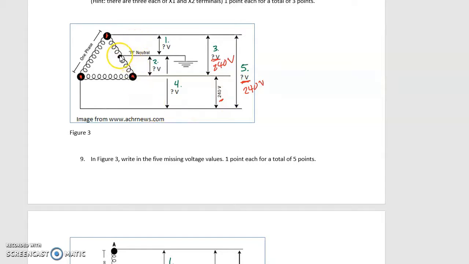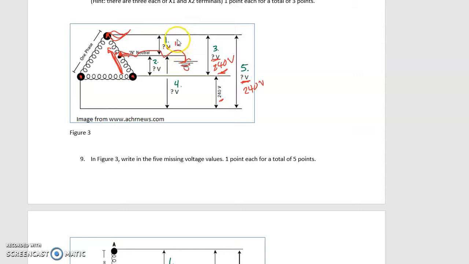We see that this coil is tapped. Oh, that's not a straight line, sorry. It's tapped, so we have a neutral. So we are dividing this coil in half. We know that we have 240 volts across the entire coil. So half of the coil, from this point to this point, which is this voltage right here, is half of the 240.